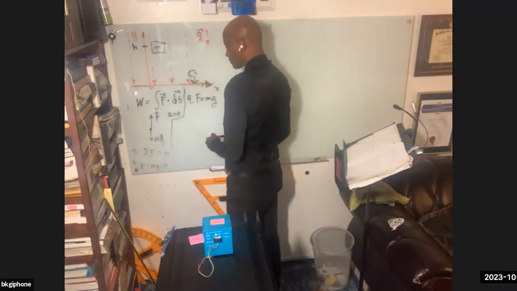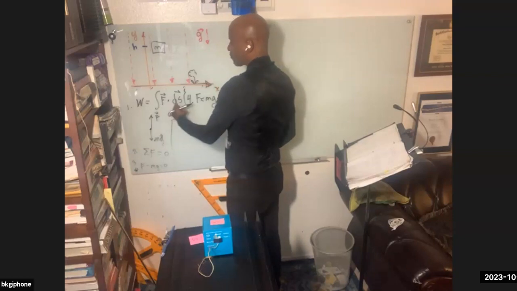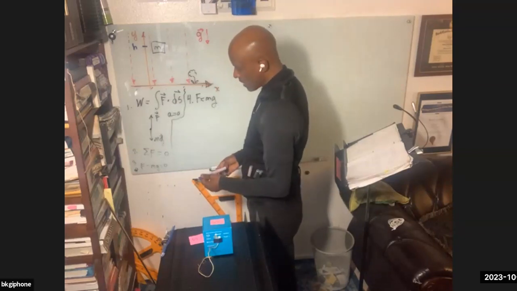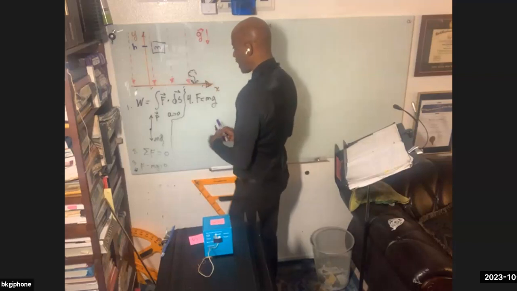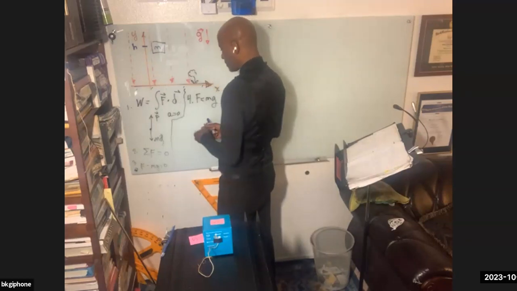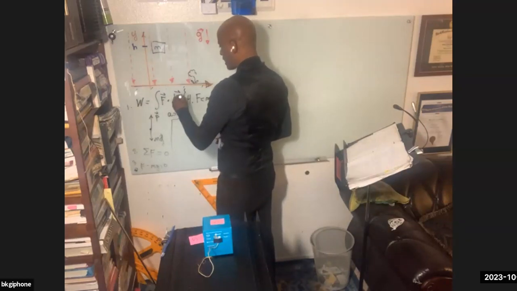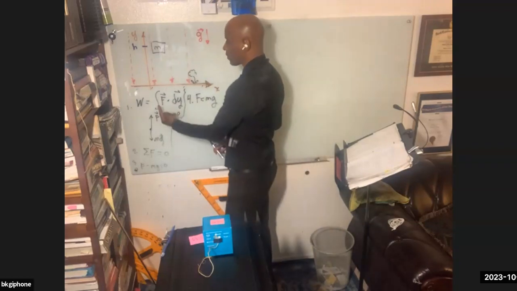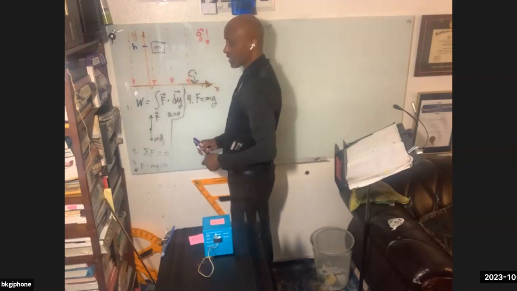Now, we have to do a dot product between F and ds. Actually, I'm going to make it dy, just so it's a bit clear. ds is kind of the general formula that we used back in mechanics, but since I'm moving along the y direction, I'm going to just make it dy.